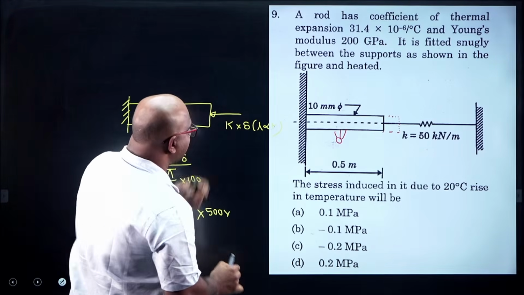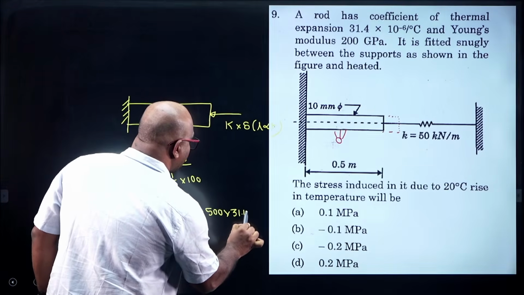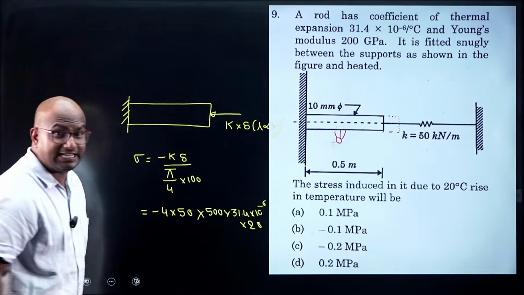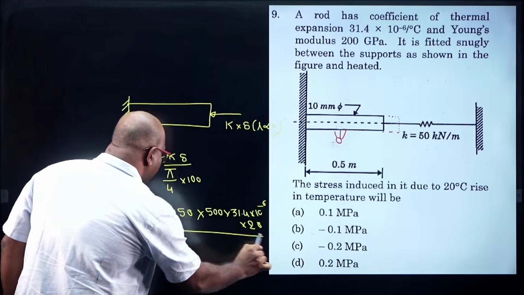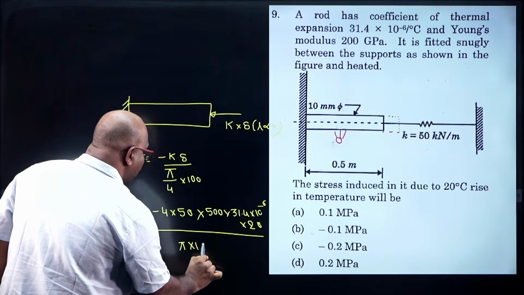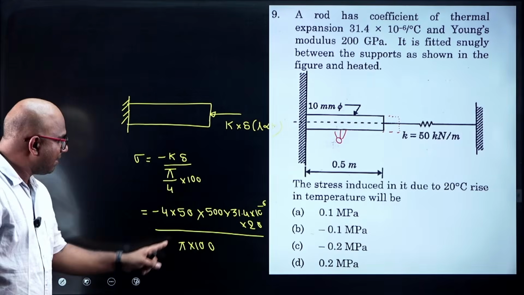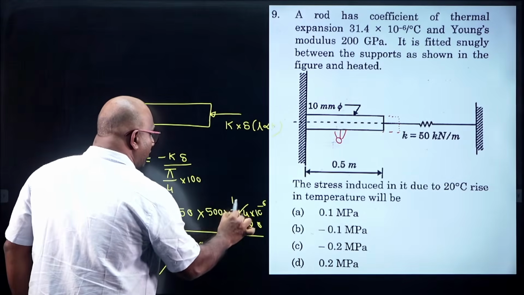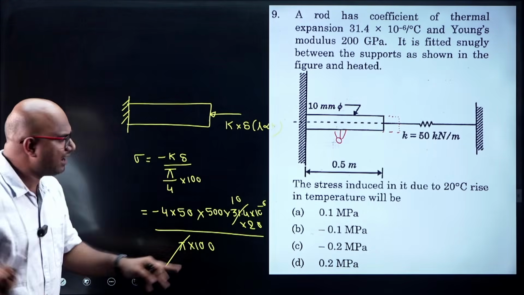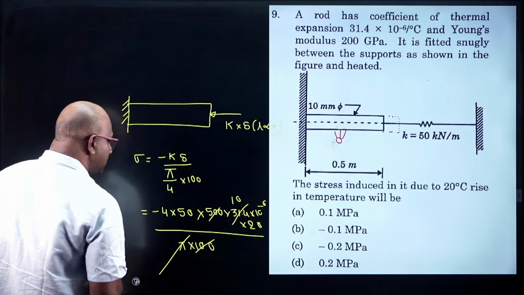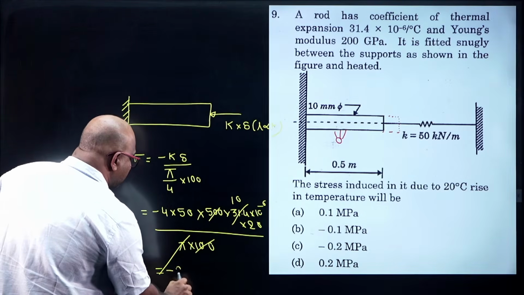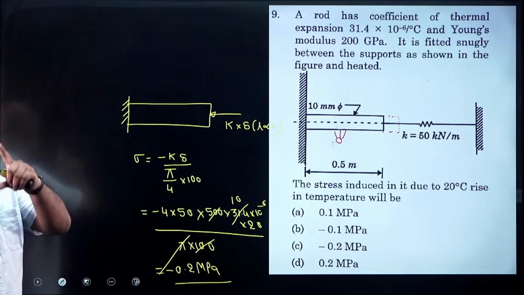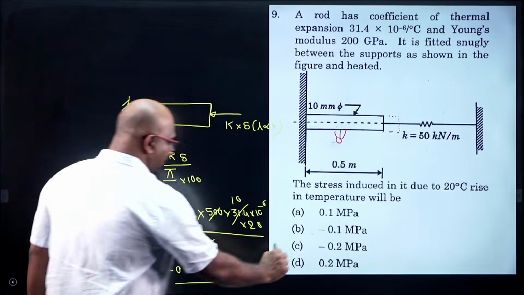Alpha how much is given? 31.4 into 10 power minus 6 into T, how much, guys? 20 itself, by pi into 100. See, guys, what is pi? 3.14 into 10 times I am going to get. So directly, no need to use any calculator, guys. 100, this becomes this one. Just verify, I am going to get minus 0.2 megapascal. The right answer here is option C, guys. I hope this is clear.